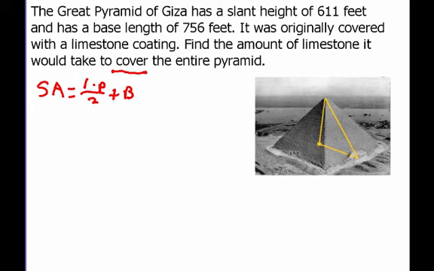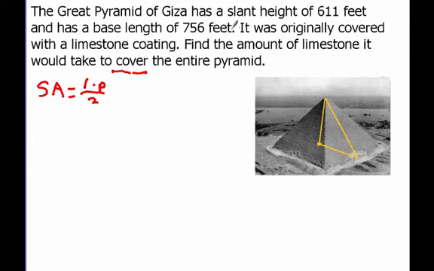But the creators of the pyramid were not covering the base, which is in the ground, with the limestone, so we don't have to worry about that. We can in fact just say, this slant height times the perimeter divided by 2 will give us our answer.